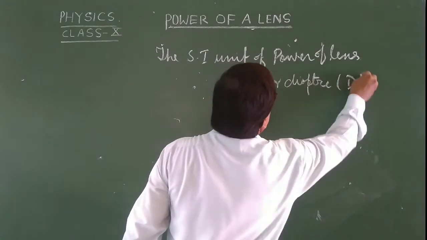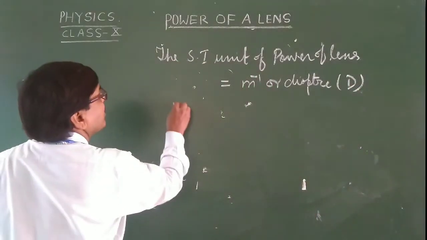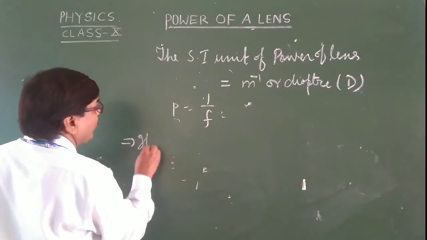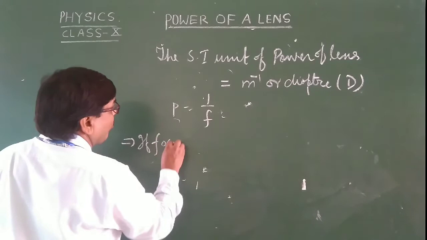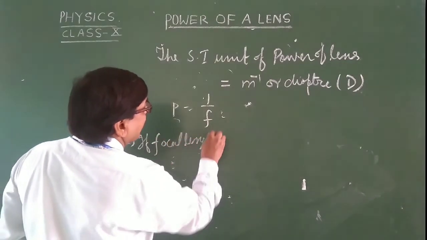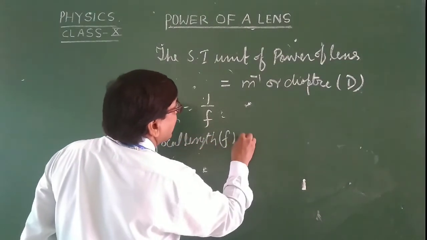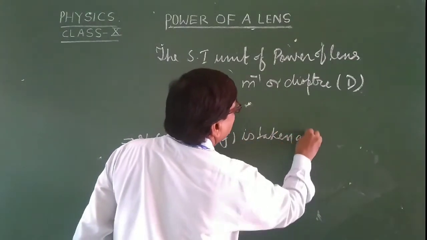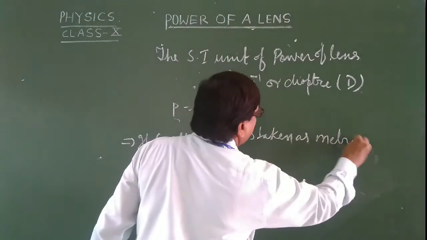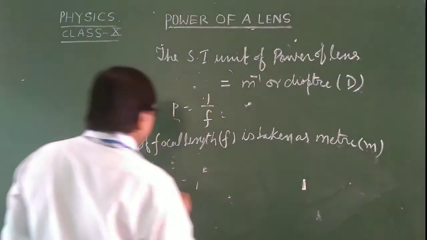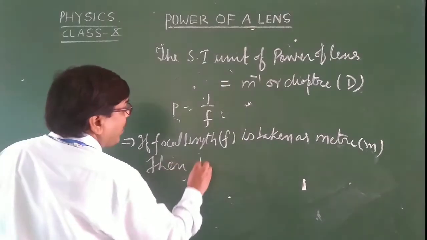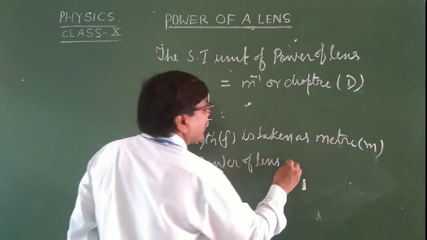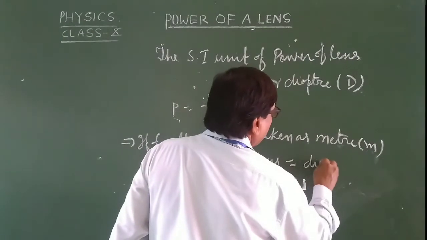Diopter, you can write here capital D. So P is 1 by F. If focal length F is taken in meter, then power of lens is in diopter.